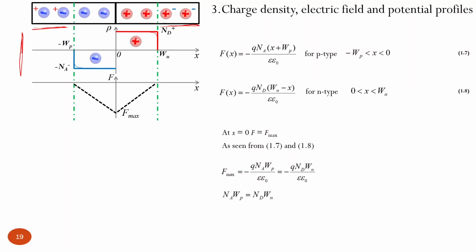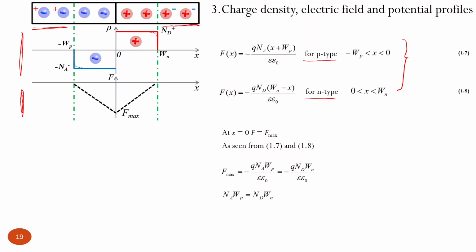So we did this integration. We got two equations for electric field distribution for the p-type region, like depletion region, and the n-type depletion region. And assuming that there are some linear functions, as we see at this part of the plot, they increase from 0 and go to some maximum value at the interface, where n and p-type are in contact.